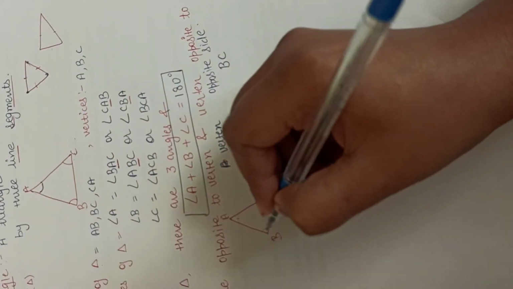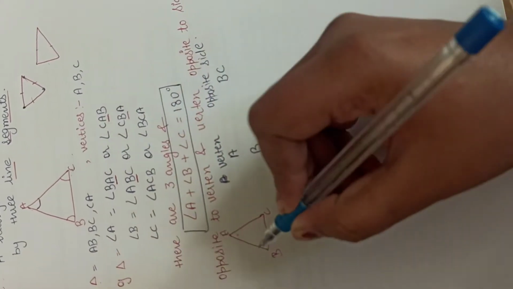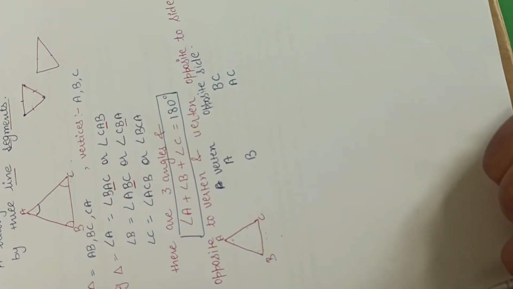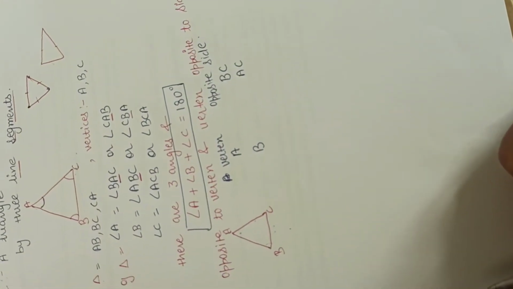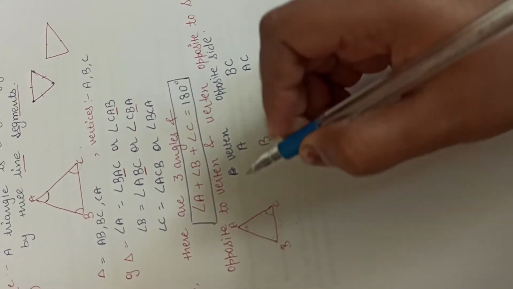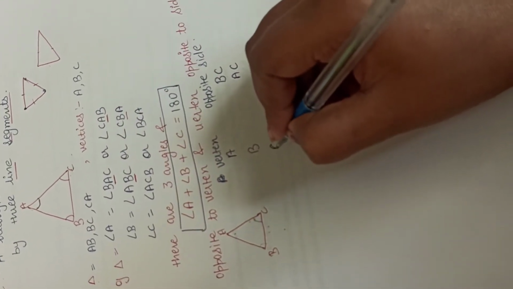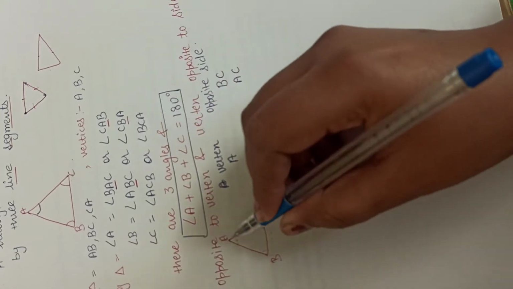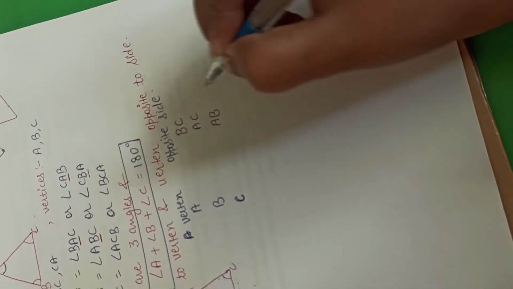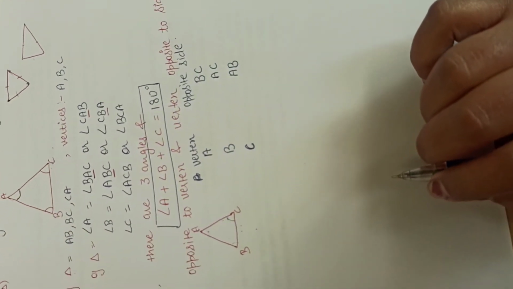If I go with vertex B, then the opposite of B is AC. Right? Now, if the vertex is C, then the opposite of this is AB. Clear this one? How to find?